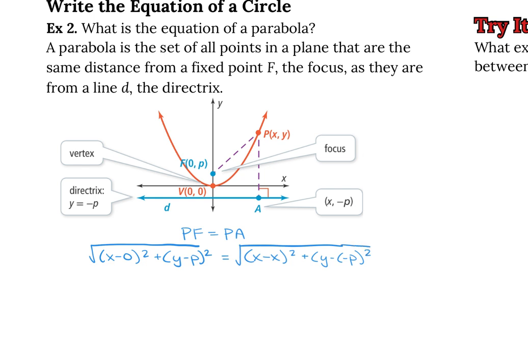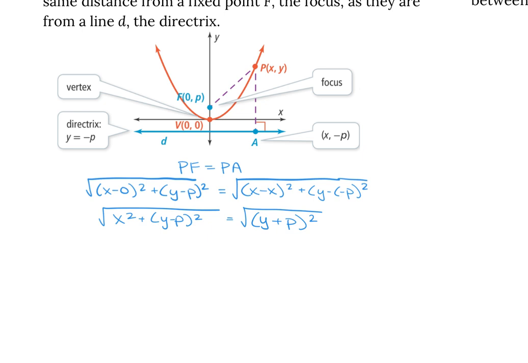Okay, I'm going to simplify. x minus x is 0, so that cancels out. The square roots will cancel each other out.